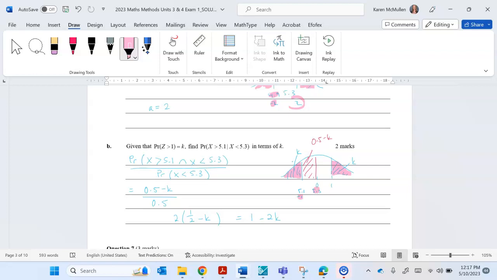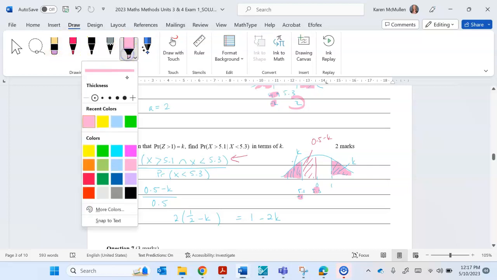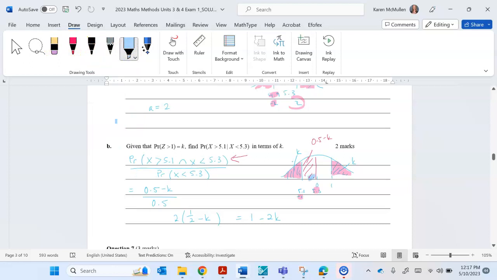So basically what I've got here is the whole area. Let me just use a different color. This whole area minus what I shaded there in pink, and then I'm left with just that red part. So we want, given that it's less than 5.3 is the blue, and then greater than 5.1.